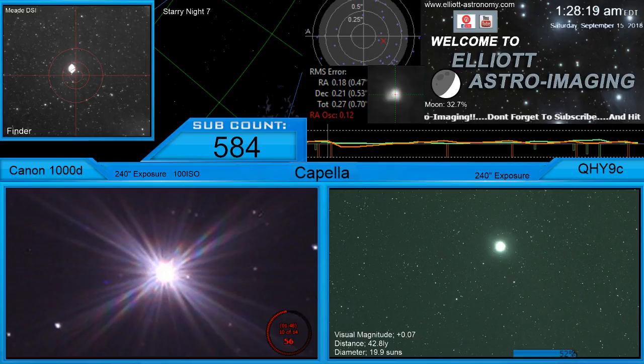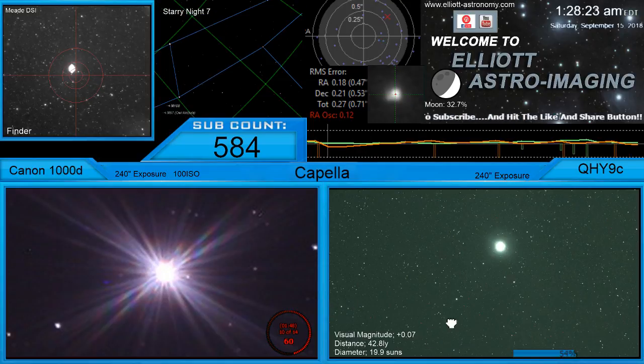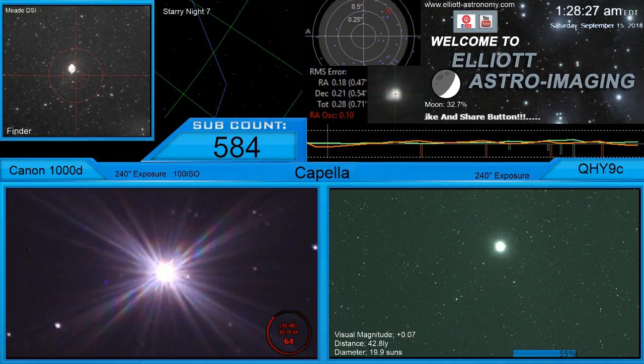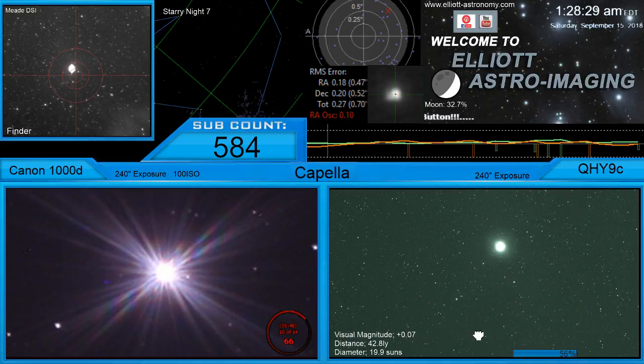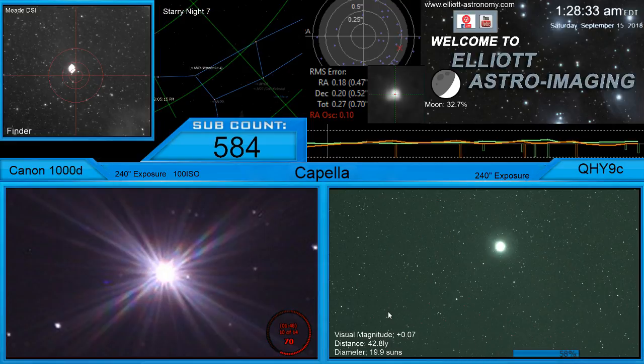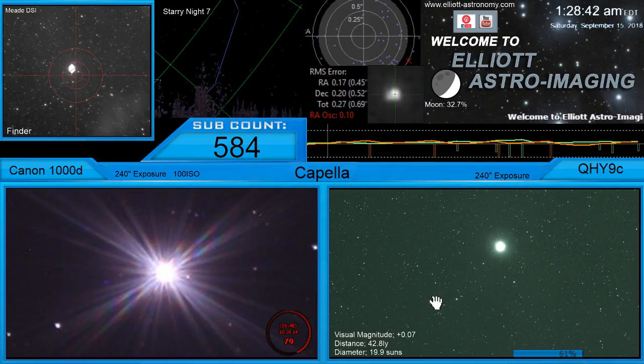The twins, right in this area. I don't think the twins are up yet. They're still sleeping. Yeah, I think Castor and Pollux are still... Mizar. That's the Big Dipper right there. Yeah, because the twins would be... Where's the Major?